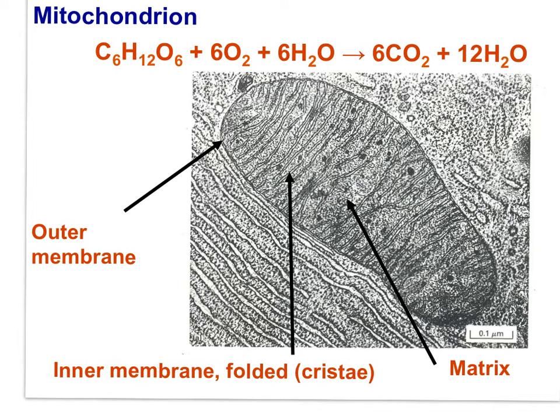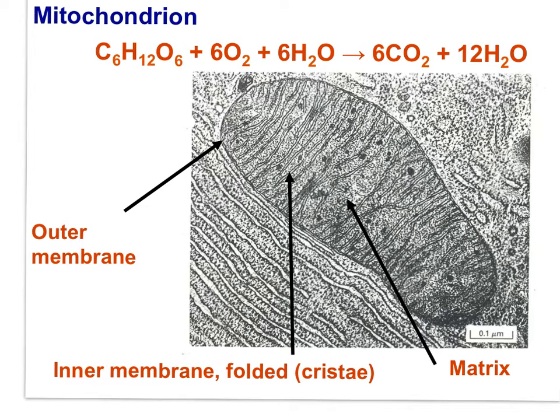Glucose is a molecule with substantial available energy in its bonds, energy that when released is used to synthesize ATP from ADP and Pi. Structurally, the mitochondrion has an outer membrane and a second inner membrane that is quite folded.